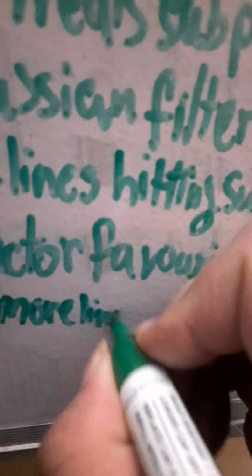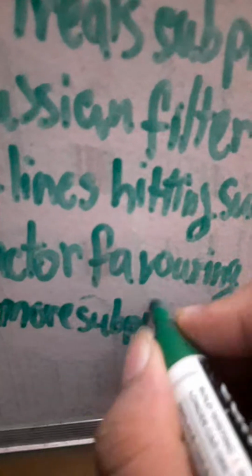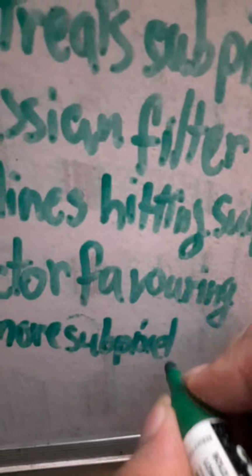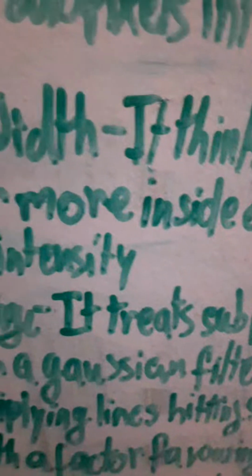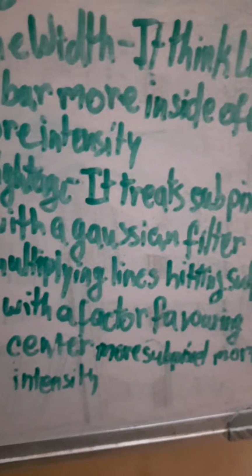So more lines, more subpixel, more intensity. So that's what happens with a factor favoring.